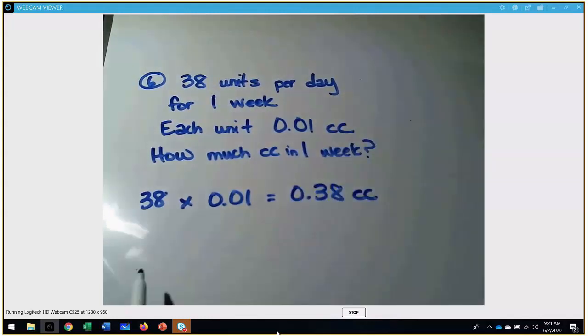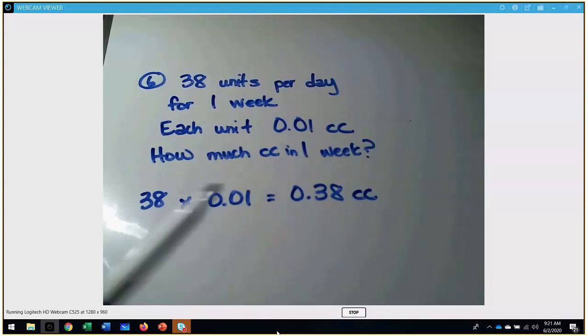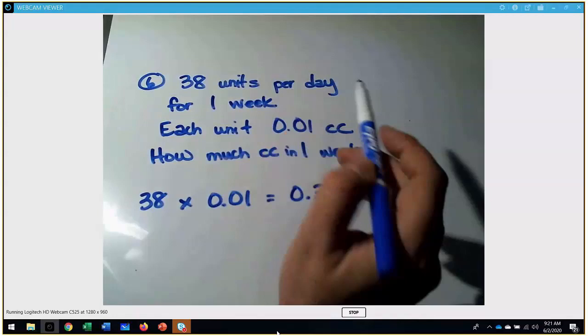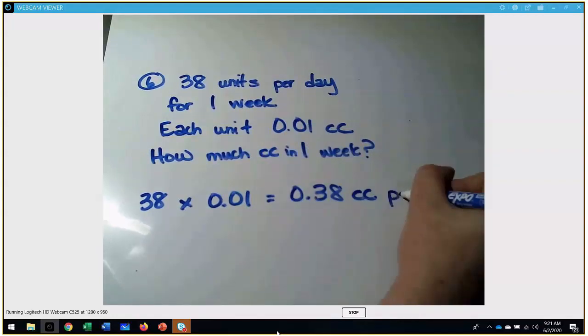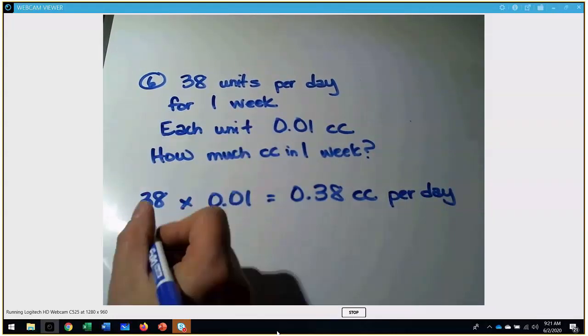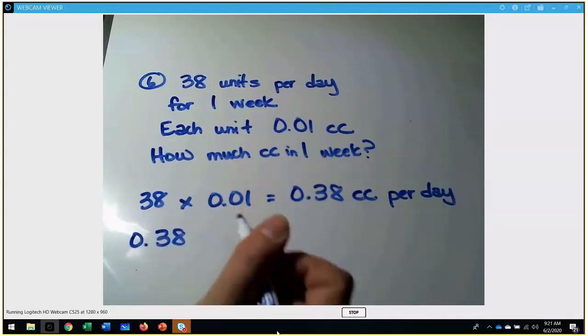Okay, so again, 38 units times that many cc's per unit. Each unit is that, means that this is how many he's going to take per day. And then he's taking it for a week. So then I need to multiply that by the number of days he's taking it.